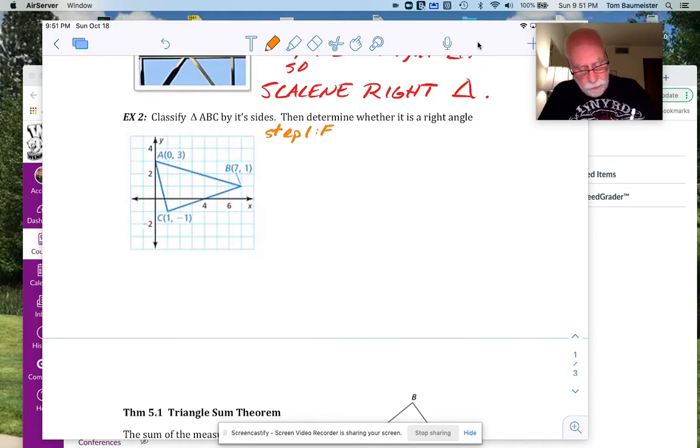So find the lengths of all three sides. And to do that, we would use the distance formula.